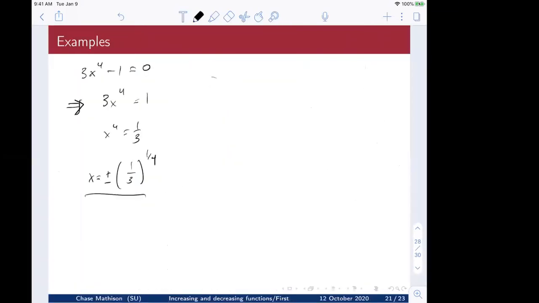So when I make my table, minus infinity to minus 1/3 to the 1/4, you should include 0 in it. 0, even though 0 is not a critical number, because the function's undefined there, you could still have a change in the behavior of f, okay?